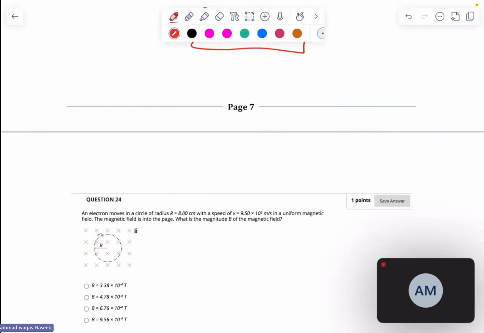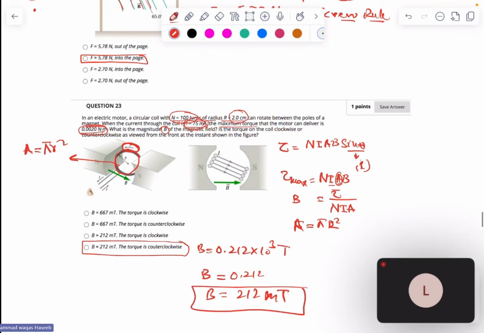Okay, so now question number 24. Doctor, it's clockwise, not counterclockwise. So the magnetic field is in this direction, so it moves like this.